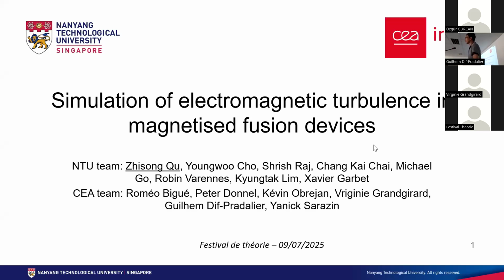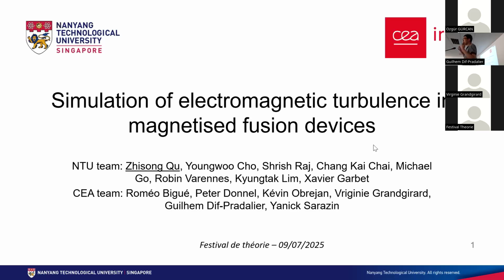So thank you very much for inviting me to give a talk here. We're going to change gear a little bit to look at the numerical side of how to simulate turbulence in a tokamak. This is work that we've done in NTU together with the CEA team.